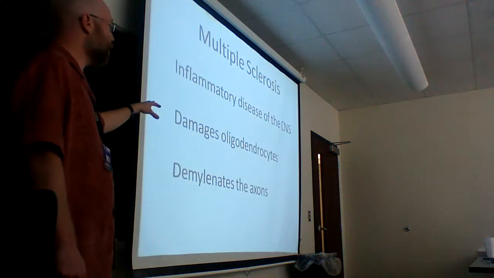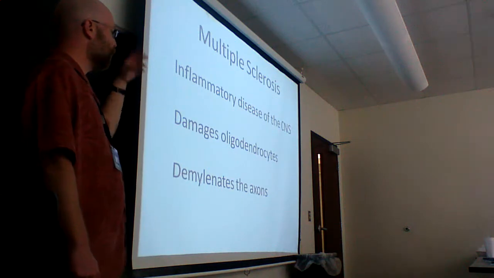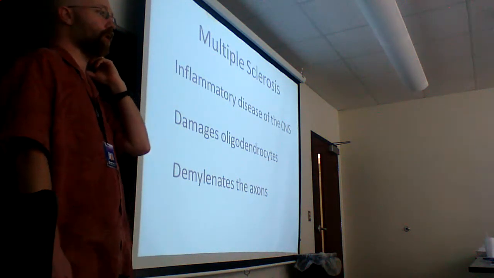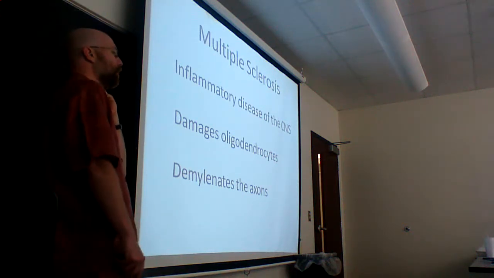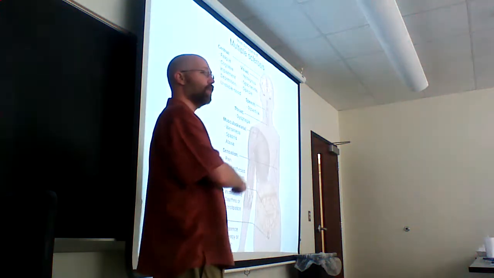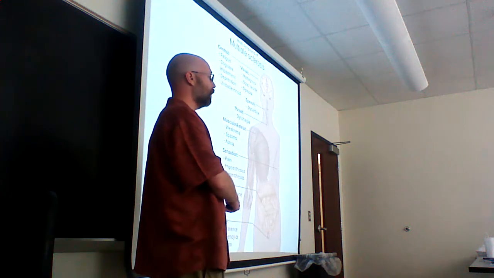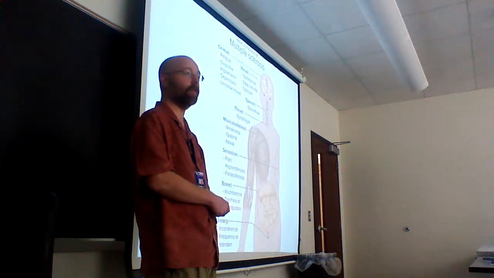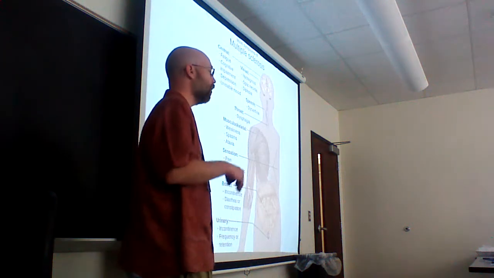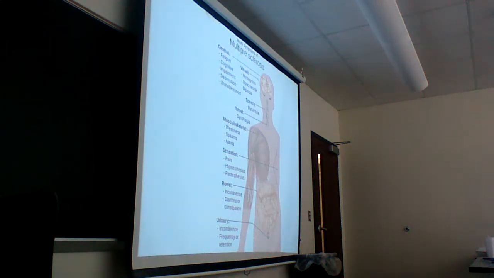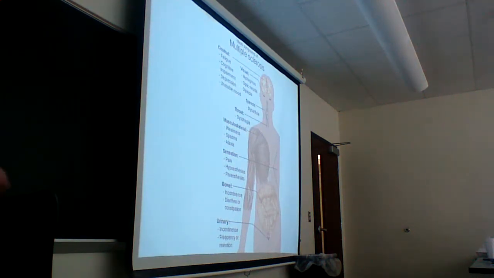What that means is that because everything is wired into your central nervous system, if you slow it down, you have all kinds of issues that result from this. And multiple sclerosis is a very, very debilitating disease as a result. Right? There are lots of other things that can cause myelination issues, including a lot of infectious disease potentially.